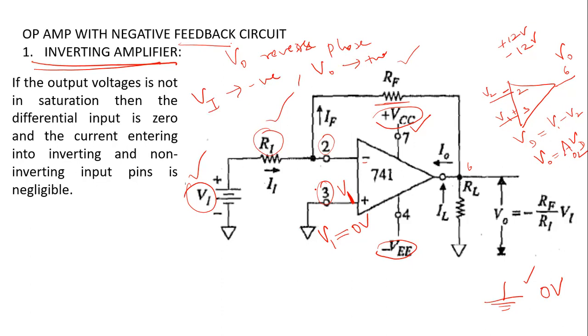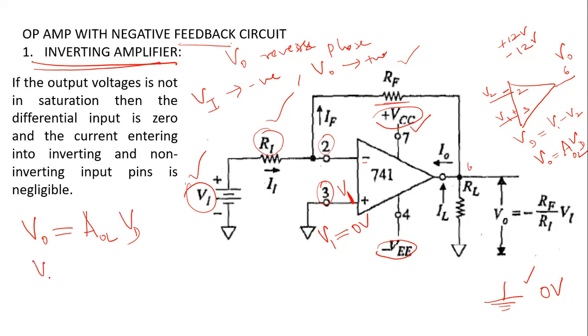So this is the configuration. Now from the op-amp characteristics, we already know that the output voltage is the open loop gain multiplied with the difference voltage.